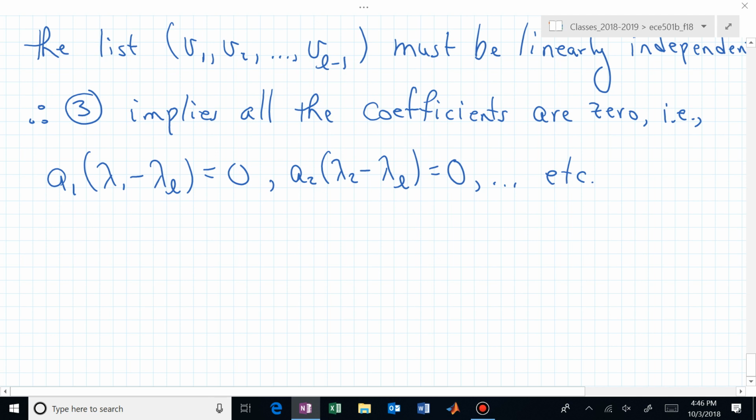That can be achieved two different ways. We really don't need to do it, but let's go ahead and do it.